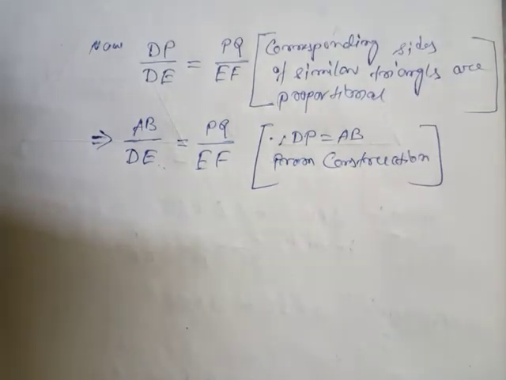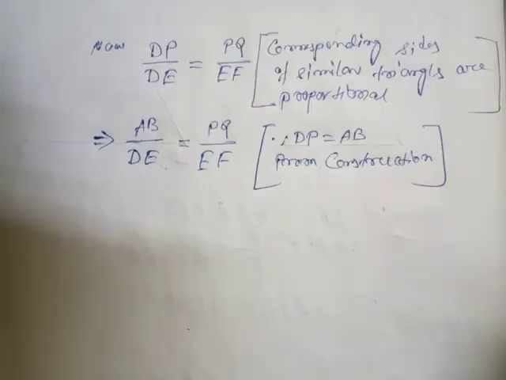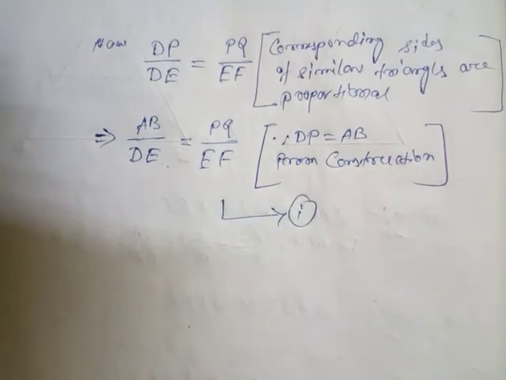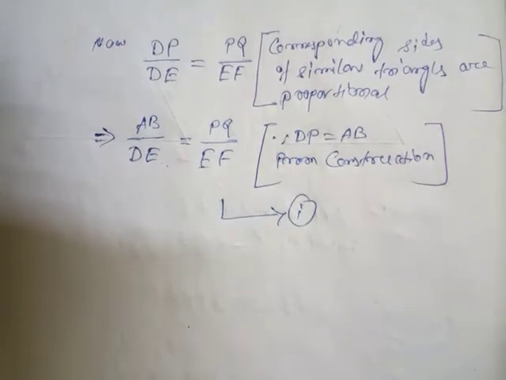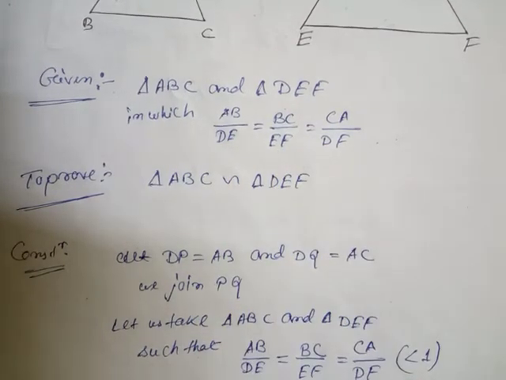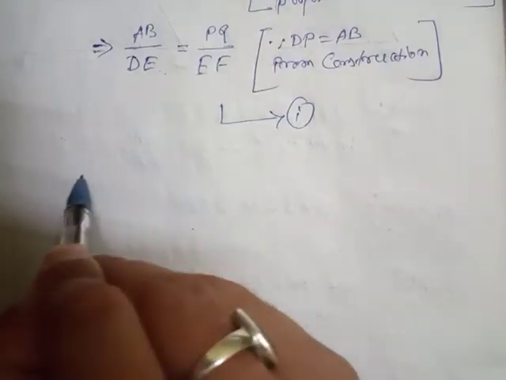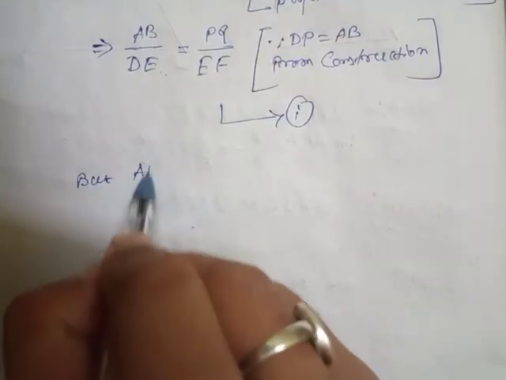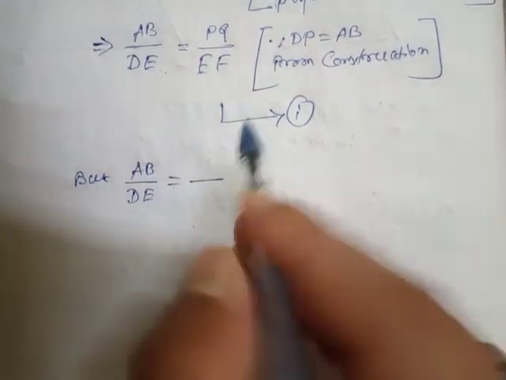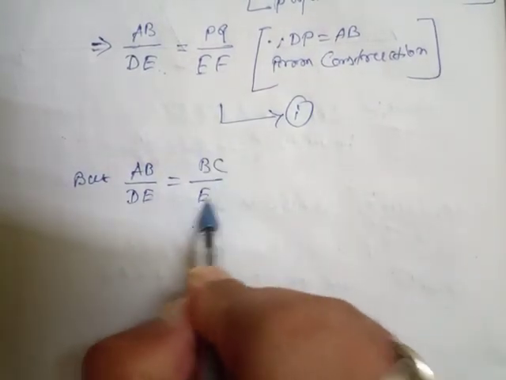Now look, after that, if I take this one as our equation number 1, look at the next part. In the given part, AB by DE and BC by EF. Now look, we'll use that part only. AB by DE equal to BC by EF.